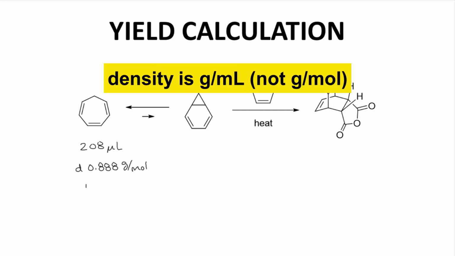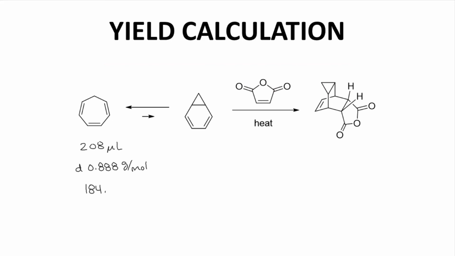We have a mass of 184.7 milligrams. Based on a molecular weight of 92.14 grams per mole, we used 2.00 millimoles of cycloheptatriene.